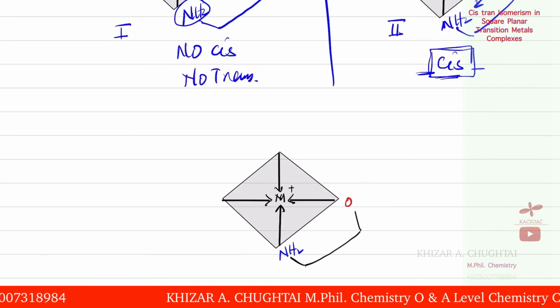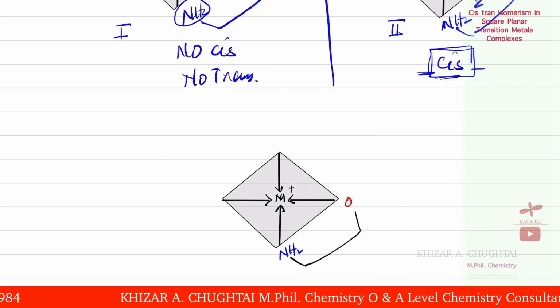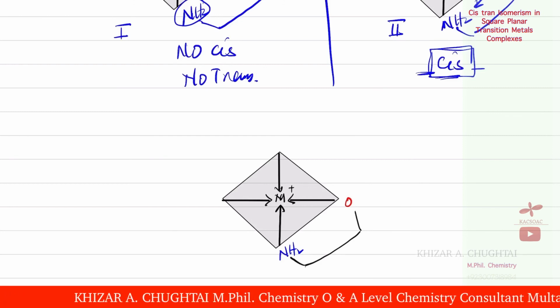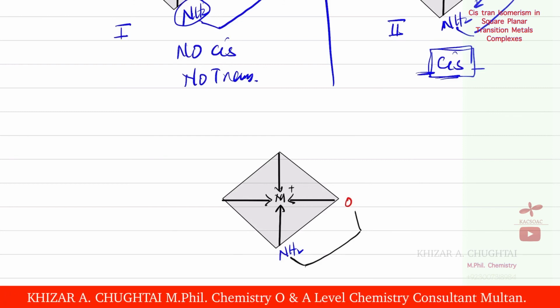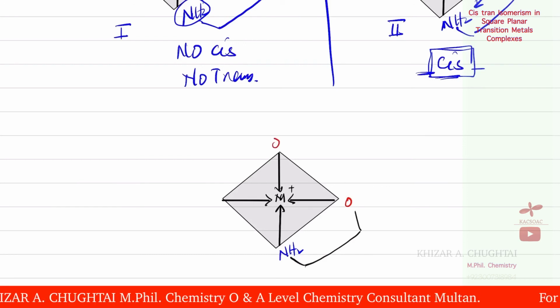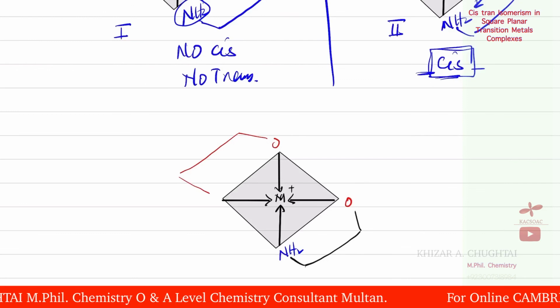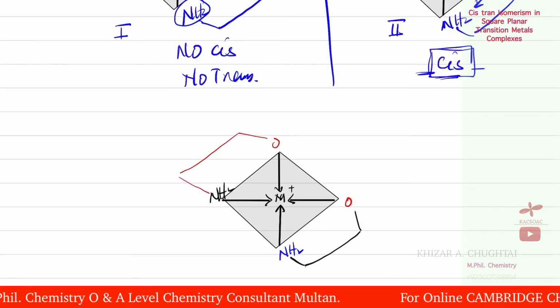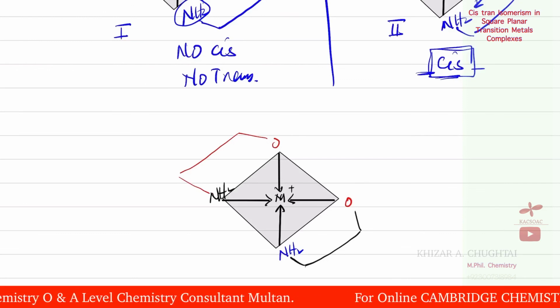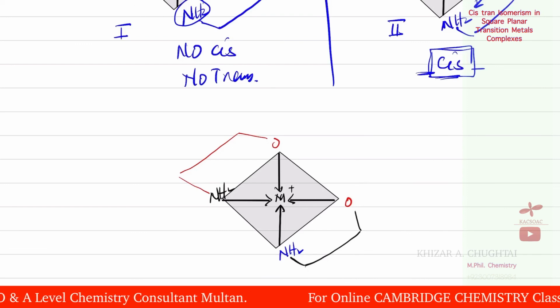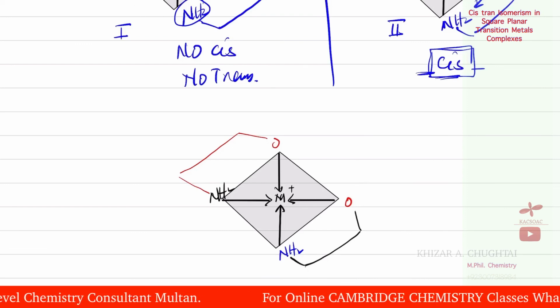The same is the case over here, where I'm placing a similar bidentate ligand, with NH2. This complex may show cis-trans isomerism.